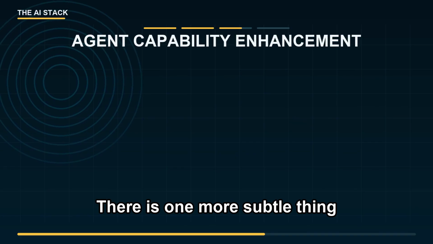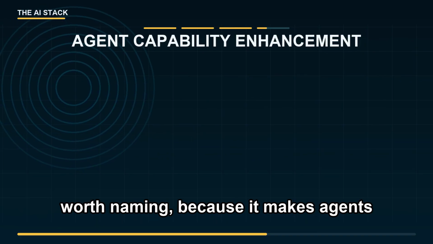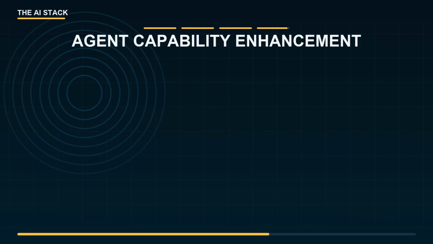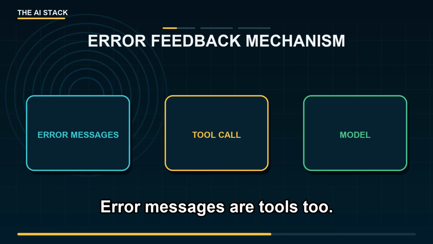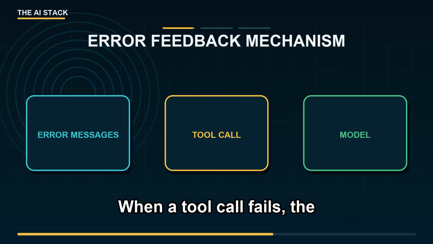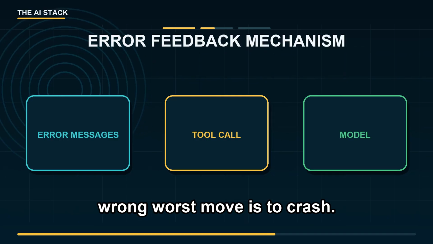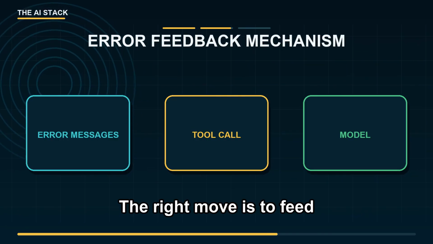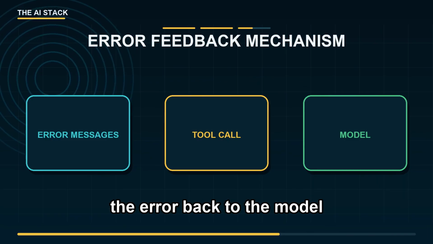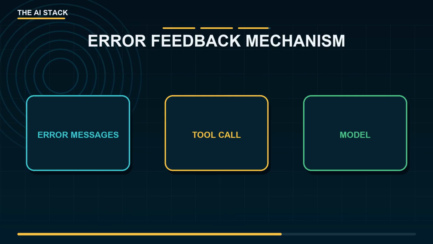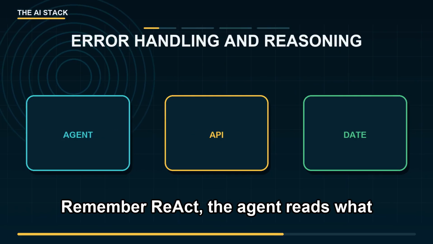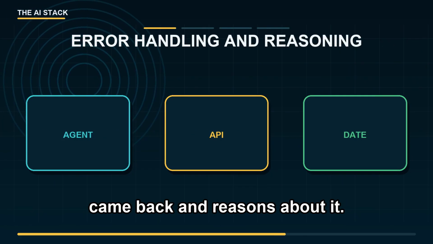There is one more subtle thing worth naming, because it makes agents dramatically more capable. Error messages are tools too. When a tool call fails, the worst move is to crash. The right move is to feed the error back to the model as just another observation. Remember React. The agent reads what came back and reasons about it.